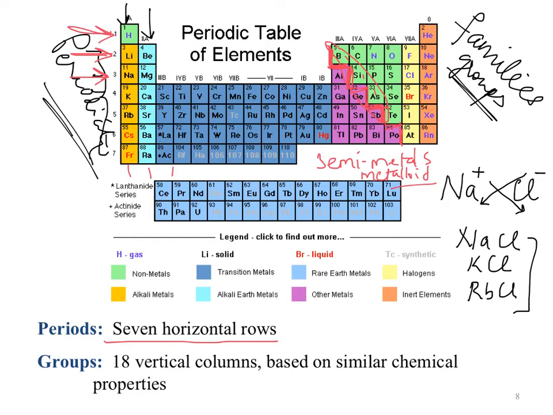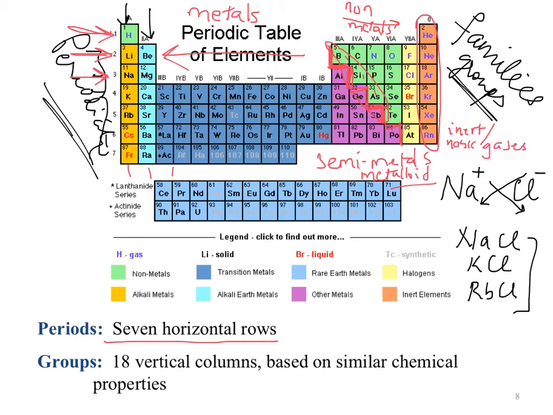On the left hand side of that ladder-like spot on the periodic table, we have all the metals. So these are all metals. On the right hand side, we have all the nonmetals, other than this last group, which is also referred to as the inert gases or the noble gases.